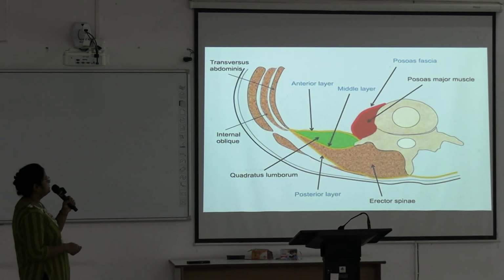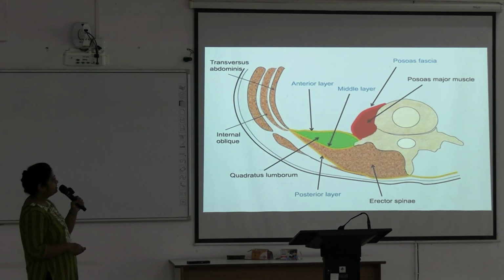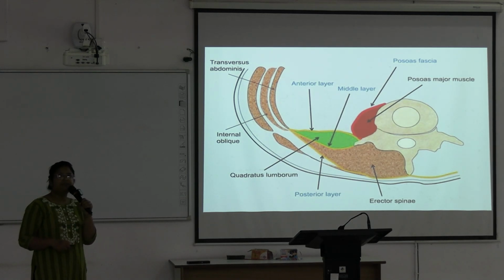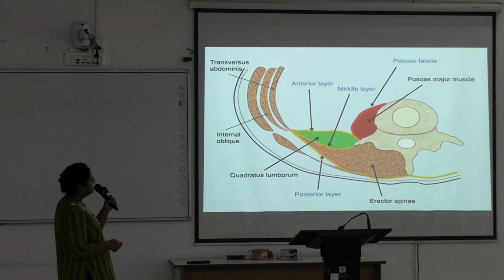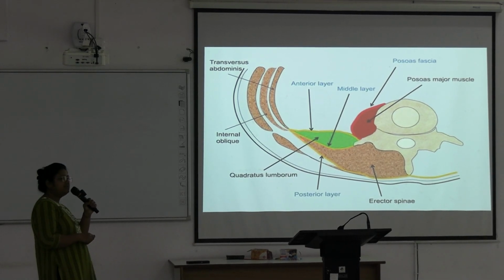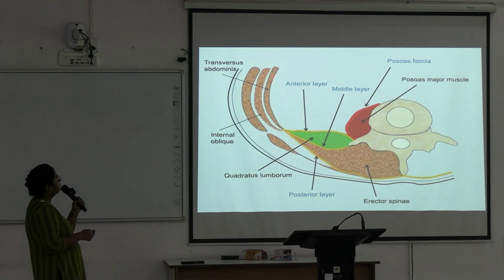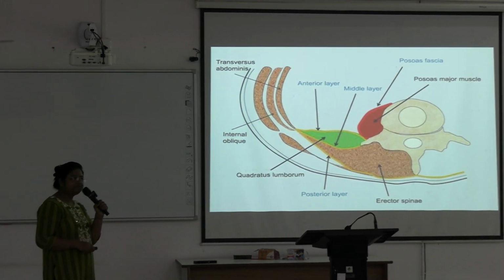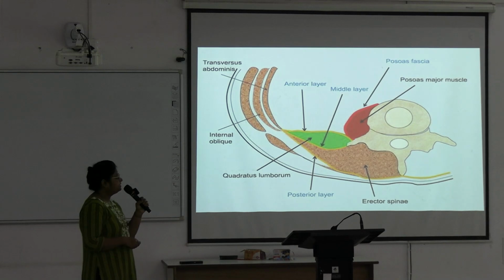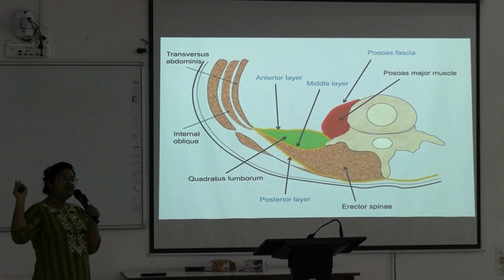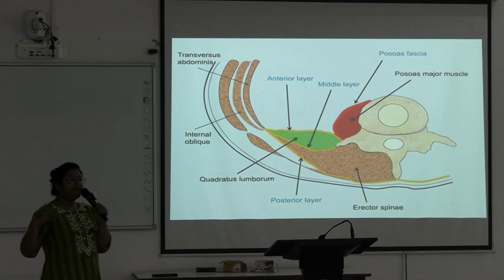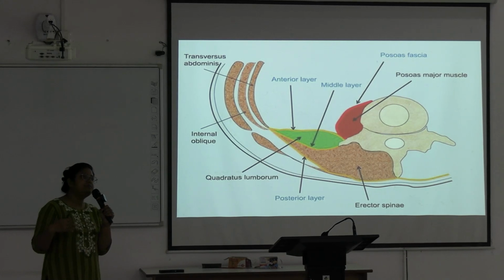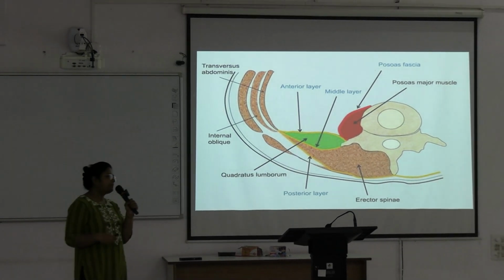And here, posterior to the erector spinae group of muscle, here lies the posterior layer of the thoracolumbar fascia, okay, and all these 3 layers join laterally, okay, and it gives origin to these muscles, internal oblique and transversus abdominis, and it extends also above up to the thoracic region and keeps the erector spinae group of muscles in position.